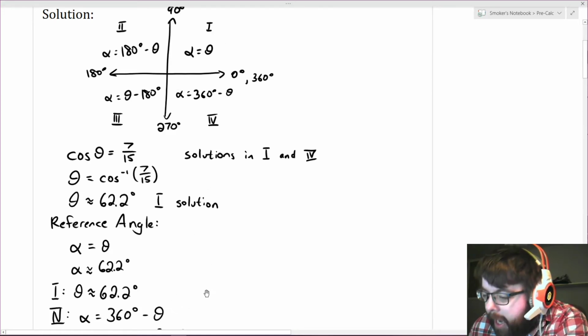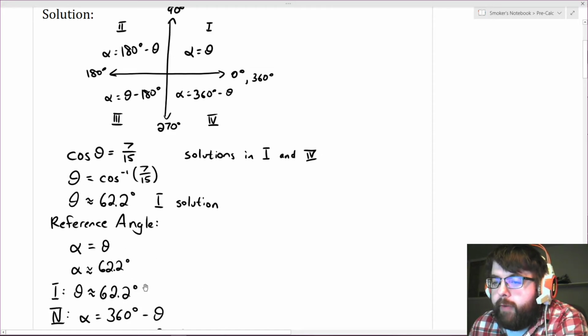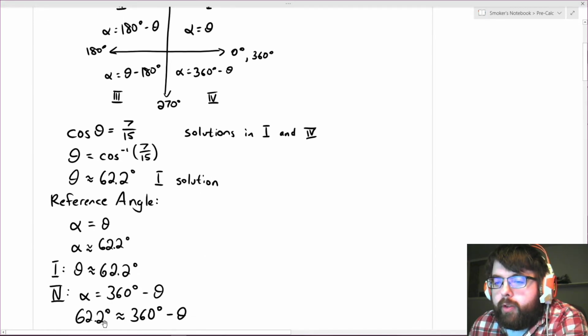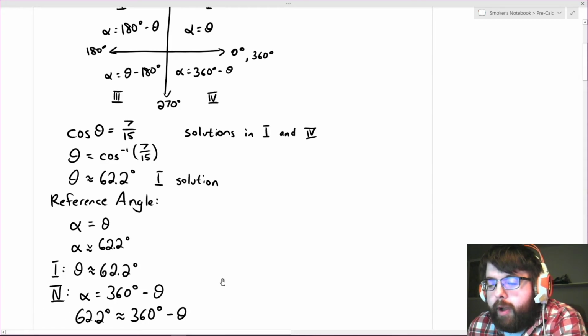I'm going to do the opposite of that because I have the reference angle, and I'm looking for what value of theta, when I plug in, gives me the reference angle out. So I'm doing this in reverse. I'm plugging 62.2 in for alpha. I'm going to make this approximately now because once I put a rounded value in this equation, the whole thing is approximated. I'm going to solve this for theta.